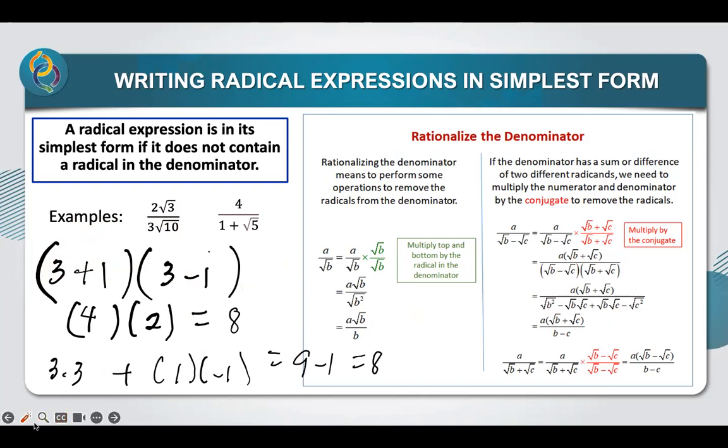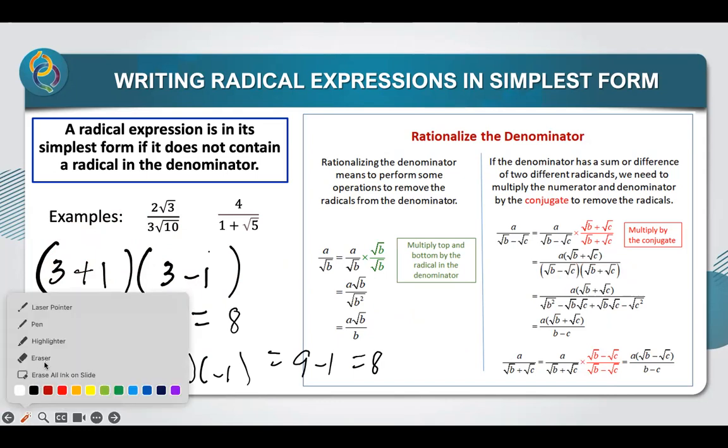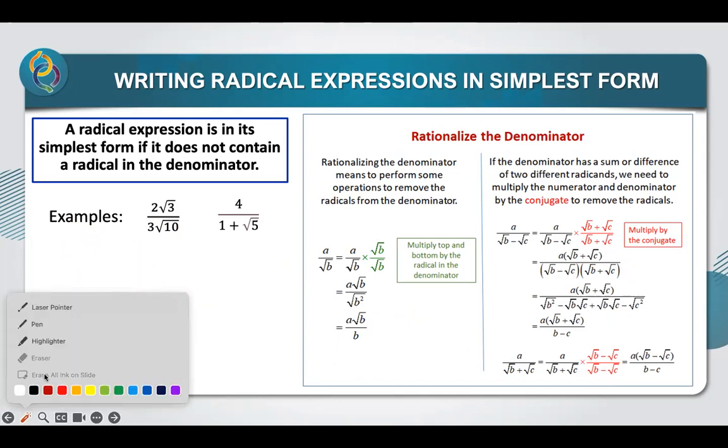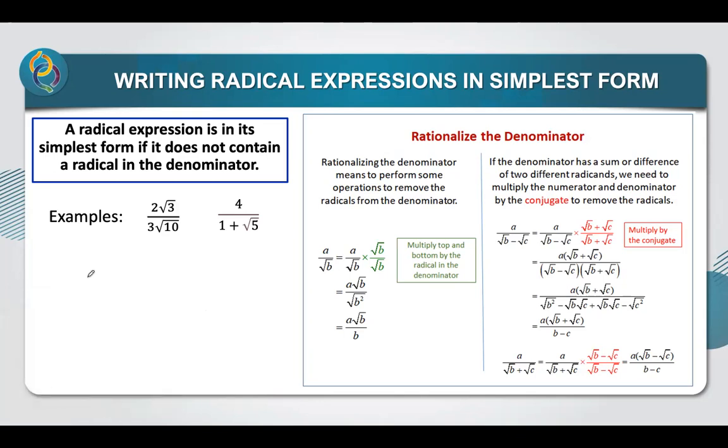Okay, so with that, maybe we can apply this to 4 over 1 plus square root of 5. So we want to simplify this.